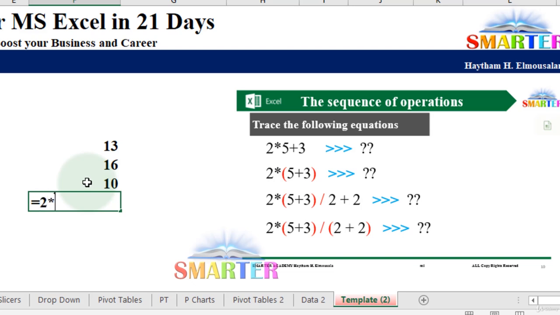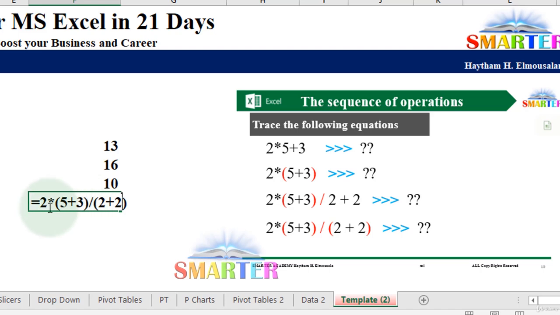Also 2 multiplied by 2, parentheses, 5 plus 3 divided by 2, parentheses, 2 plus 2. So here parentheses make priority to addition. So the first thing executed here is 5 plus 3. The result will be 8. 8 multiplied by 2.